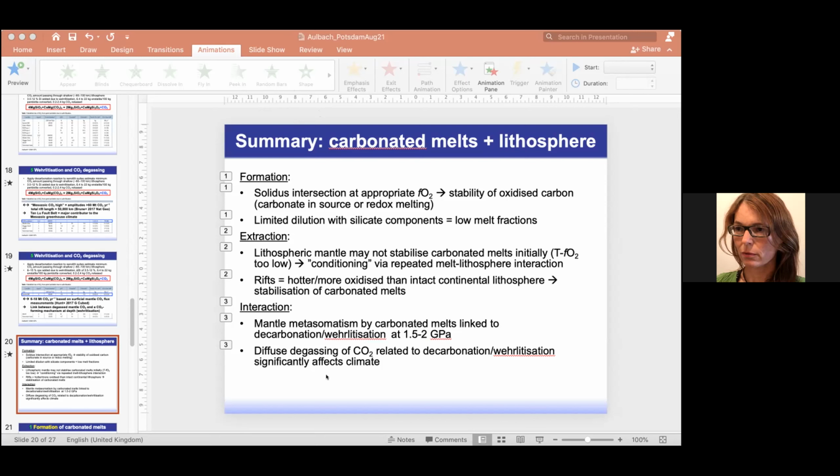I think personally that there's a lot of scope for CO2 to be deeply recycled, because we see in eclogites that former oceanic crust through time is very reduced and not at carbonate stable conditions.